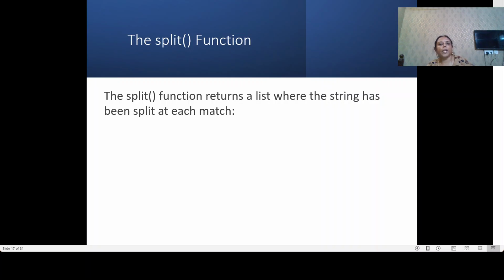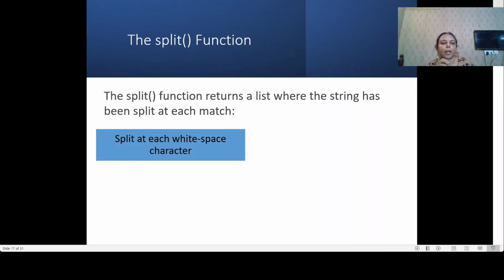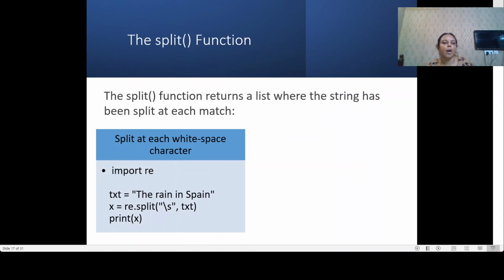Next comes the split function. It will return a list where the string has been split at each match. So you have to tell a split character, depending on which character the text has to be split. We are going to give the white space character as a splitting argument. So I'll be using re.split and I am giving the white space character comma text.